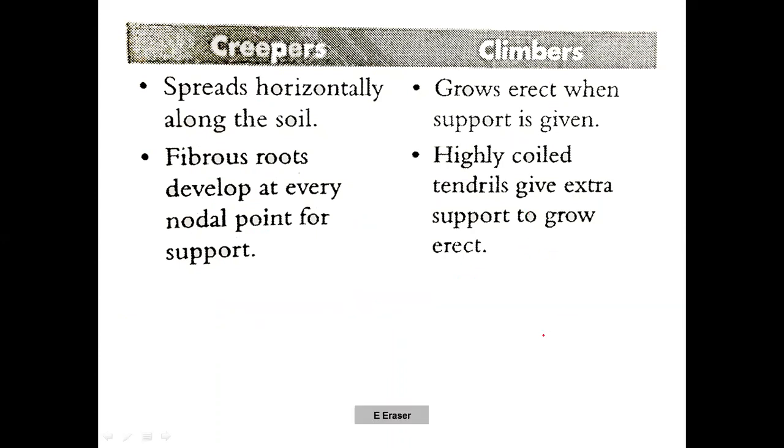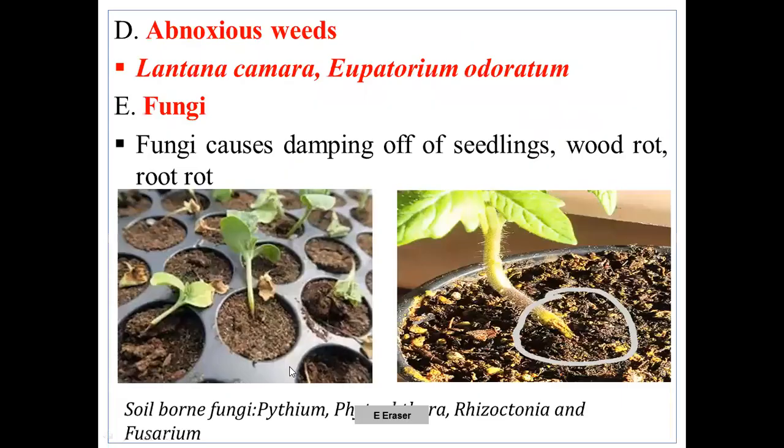But the climbers, if they get support, will grow with the help of hooks like anything. That is a major difference between the creepers and the climbers. And as I mentioned, the twiners don't have a tendril-like or hook-like structure, but they coil spirally like this. That is the thing you need to remember.